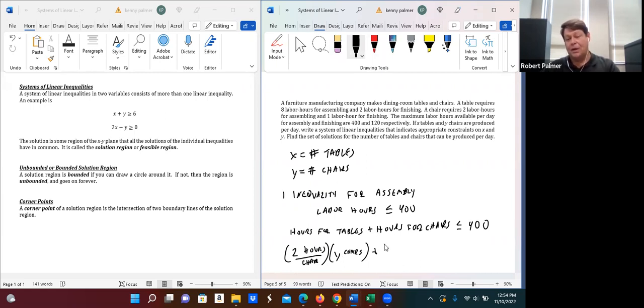Then for the tables, it was 8 hours per table times x tables. And that's got to be less than or equal to 400.